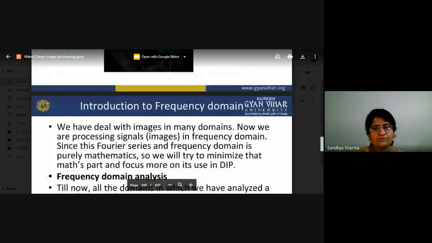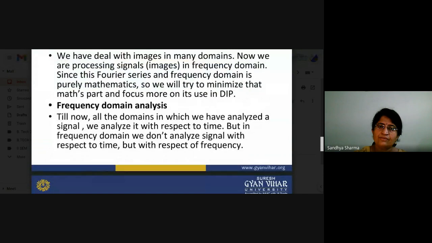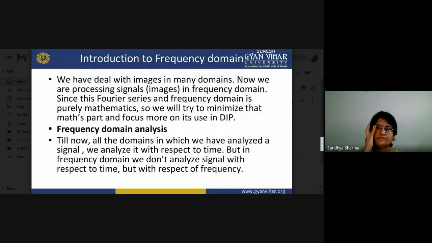Today we will only start with the introductory part of frequency domain filters, and in my next lectures we will continue with frequency domain filters. So first of all, what are frequency domain filters? First there are image enhancement techniques.